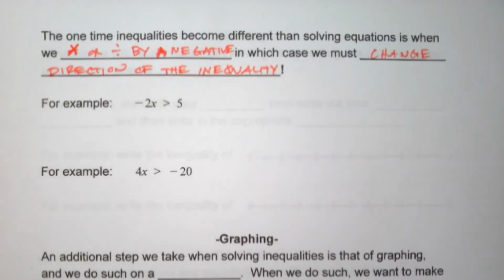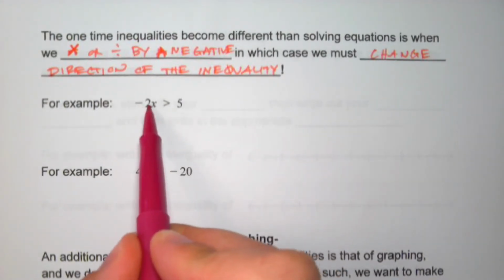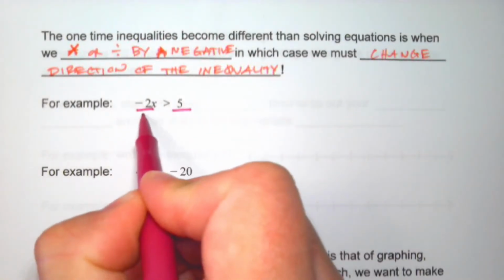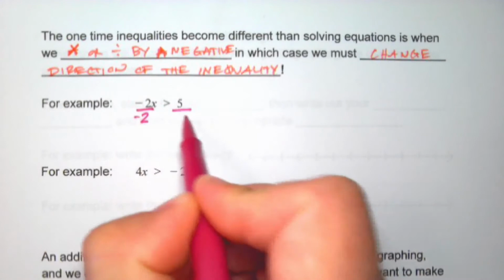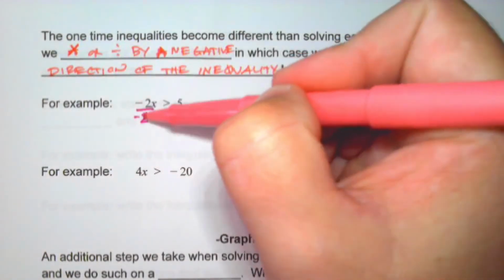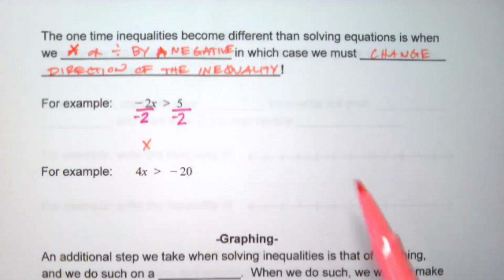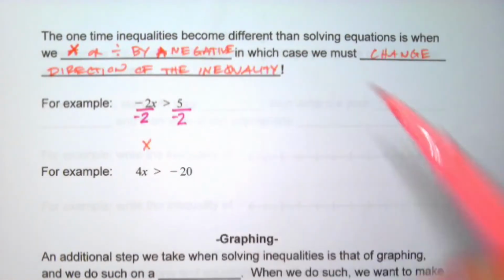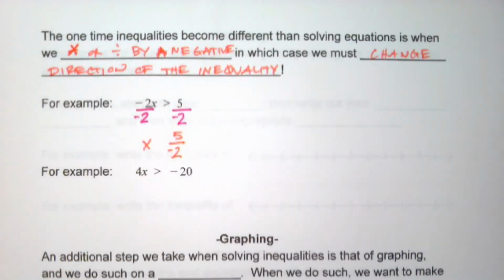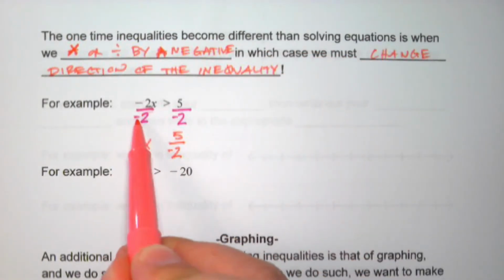So, looking at the first example, see some multiplication. Your instincts are right. We should undo that with some division. But we want to bring that negative with it, right? So we're going to divide by negative 2. Well, negative 2 over negative 2 leaves just the x. Now, rare, but we did this way back in unit 1.3. 5 divided by negative 2, it's nothing pretty, so we can just keep it a fraction. Totally fair game. But here is the difference. We divided by a negative number.